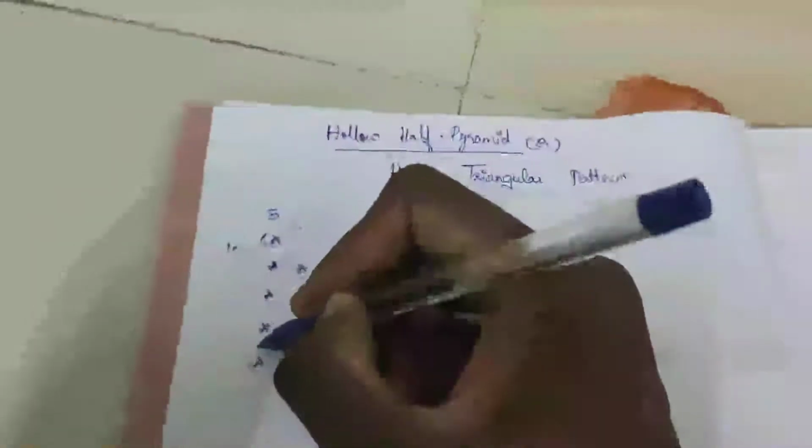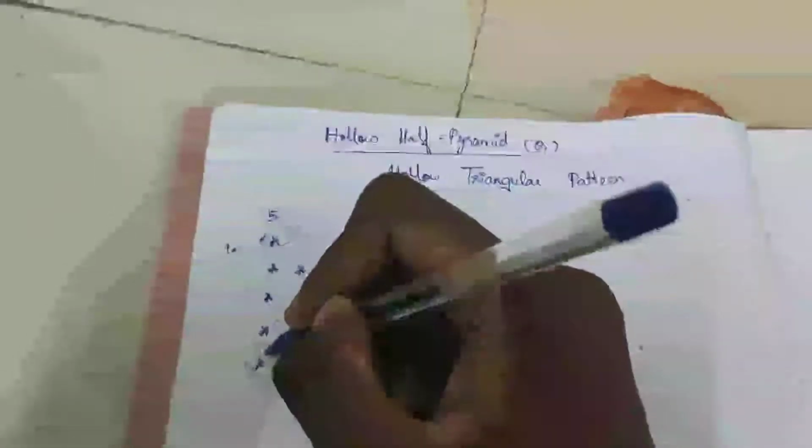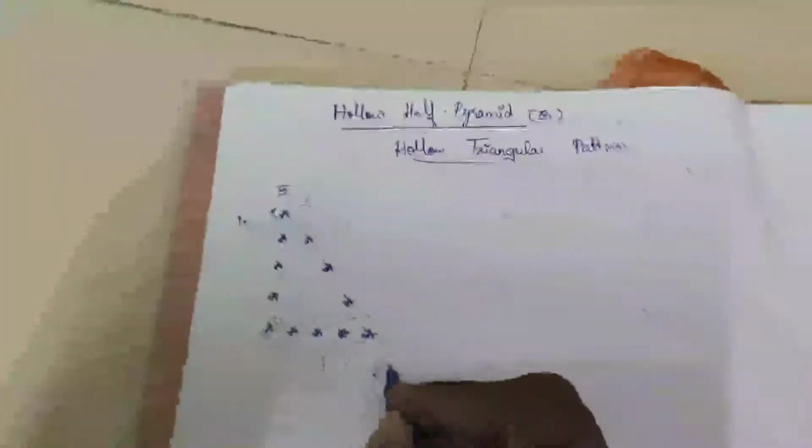Fine. So when I give a value, the column should be equal to the initial value, that is 1, or the column value should be equal to the nth value. For example, in this picture, in the first row I equal to 1, j equal to 1, so a star is present.